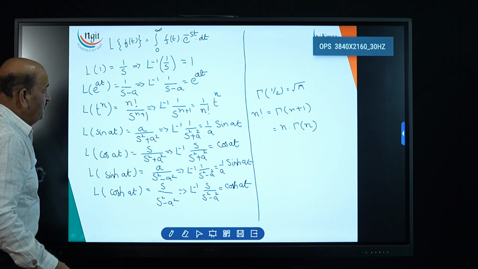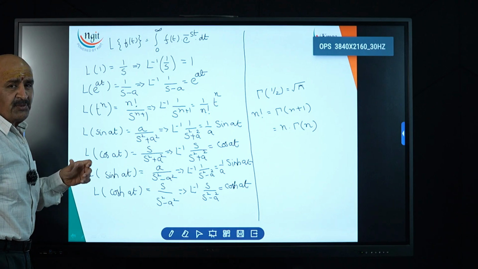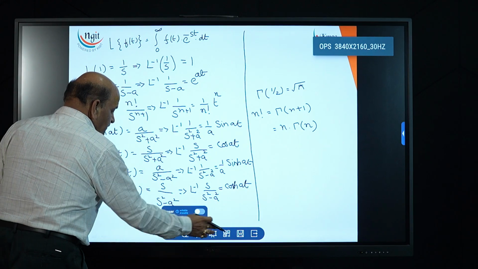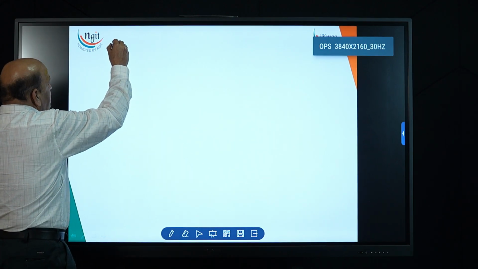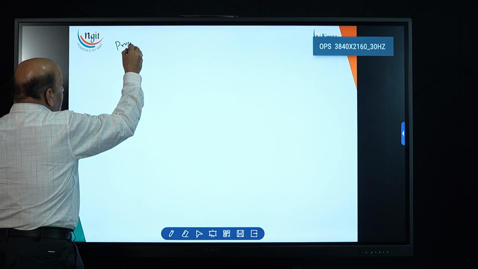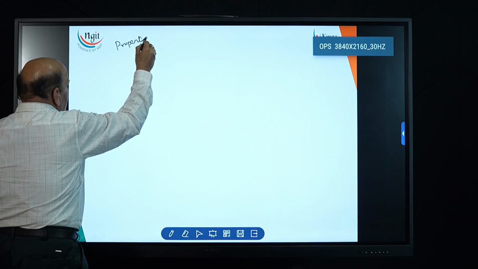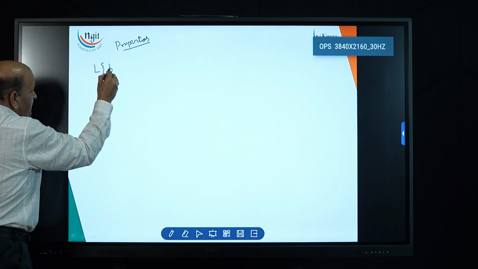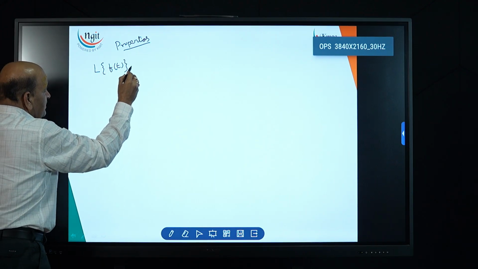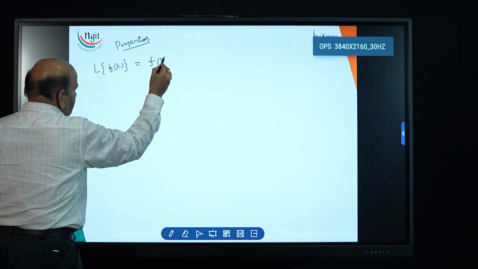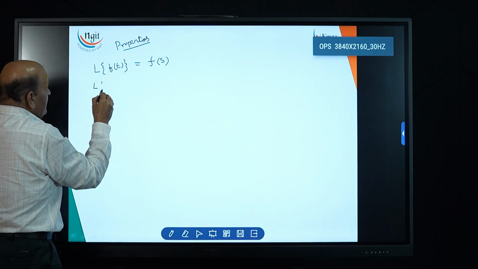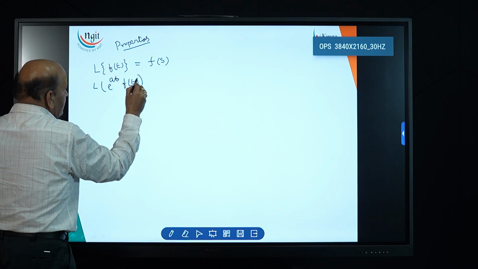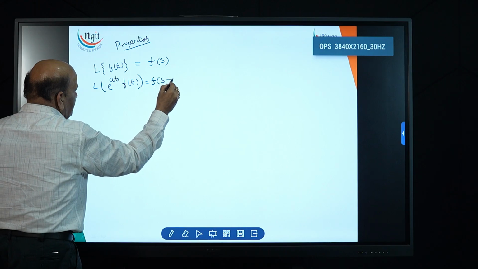Now, along with these formulas, we are going to use some properties of Laplace transformations. Now look. If the Laplace transformation of any signal or function is equal to f of s, then the Laplace transformation of the signal multiplied with e power at will become f of s minus a.